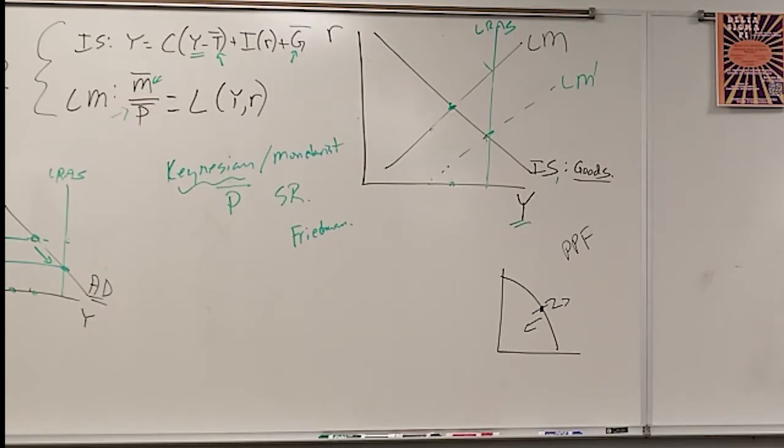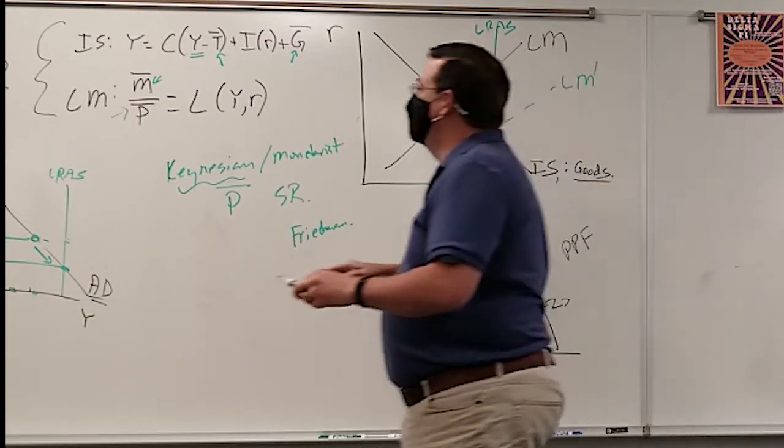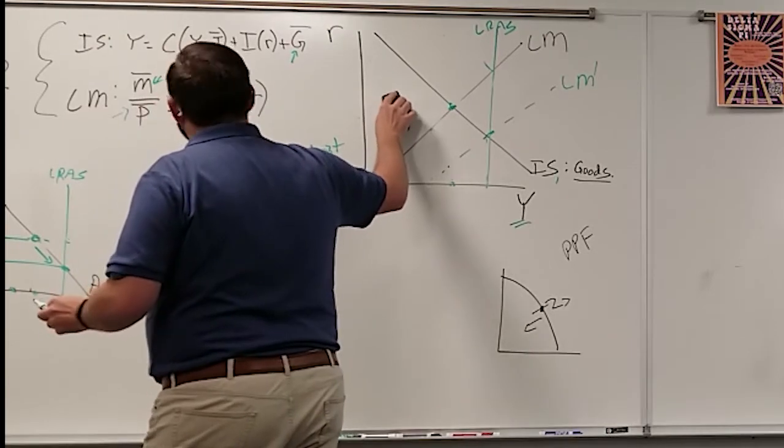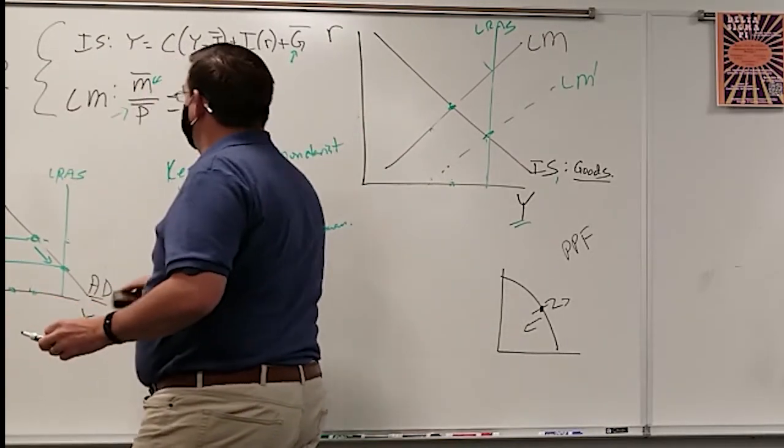The next thing that we can do then is something really kind of complex and a little bit tedious. Hopefully it pays off. But we understand now how our IS-LM feeds into our aggregate demand curve.